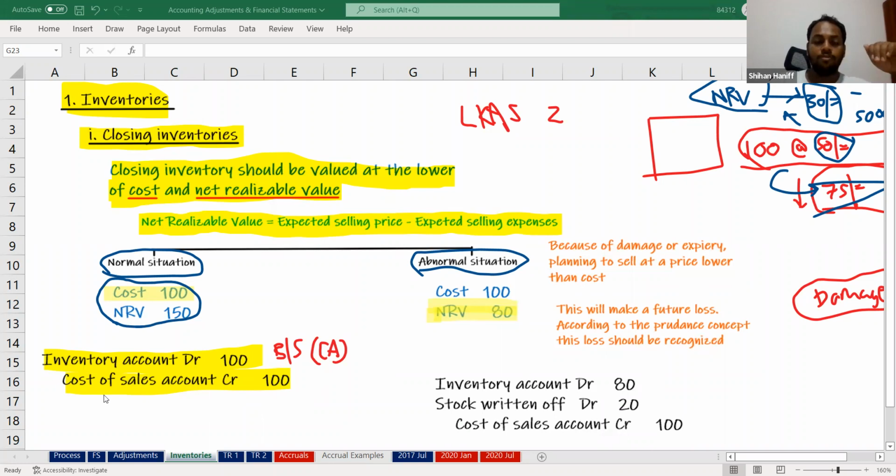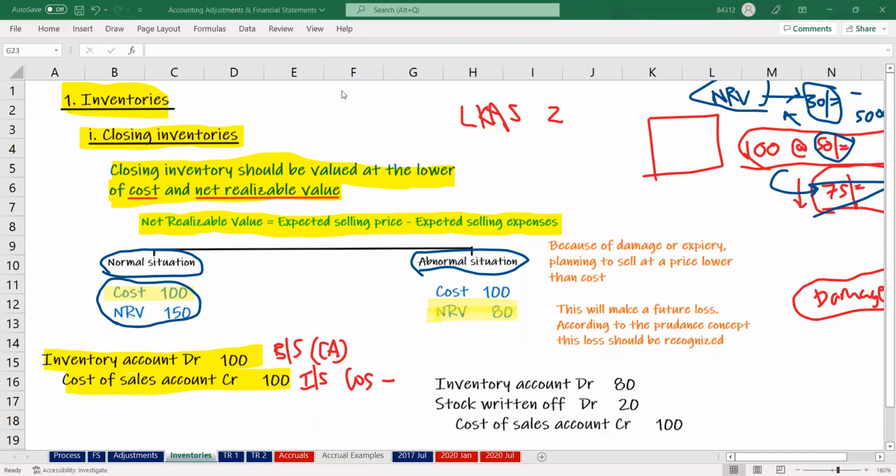The second entry goes to cost of sales, which is in the income statement, where we deduct the closing stock. So that is the normal situation: one entry goes to the SOFP, the other to cost of sales.